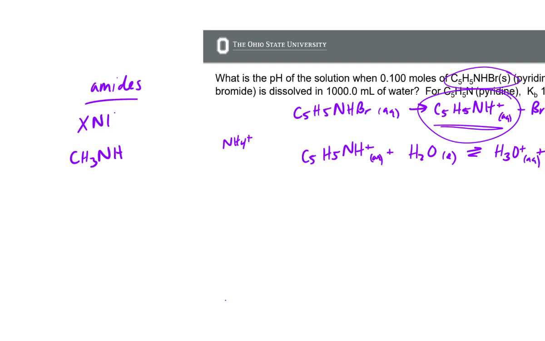So XNH. That's methylamide. You might see ethylamide, C2H5NH. These are bases.